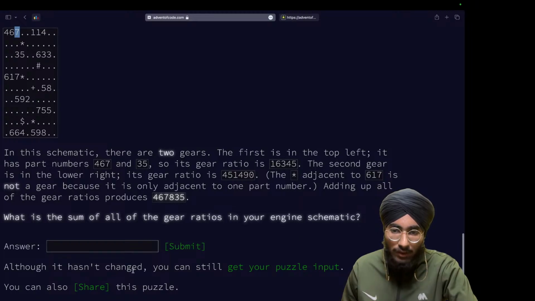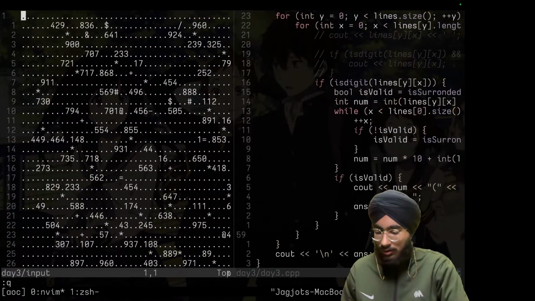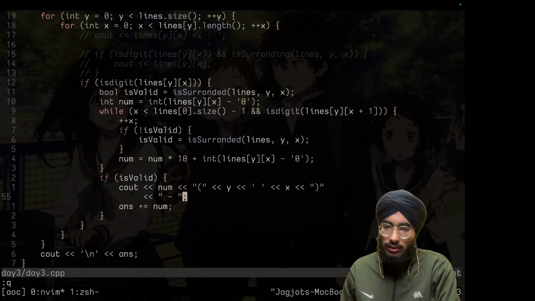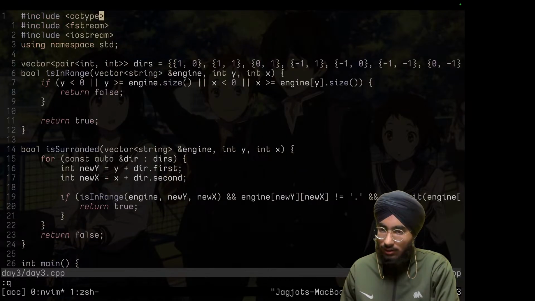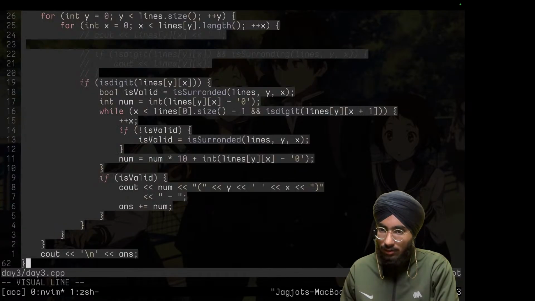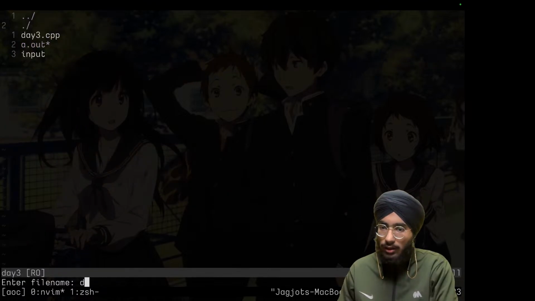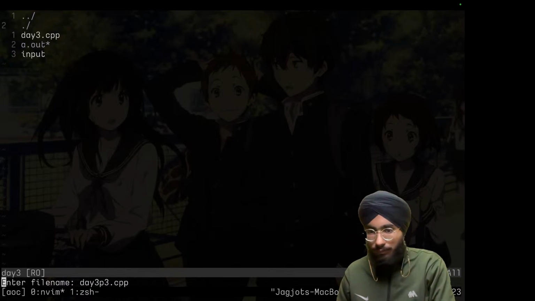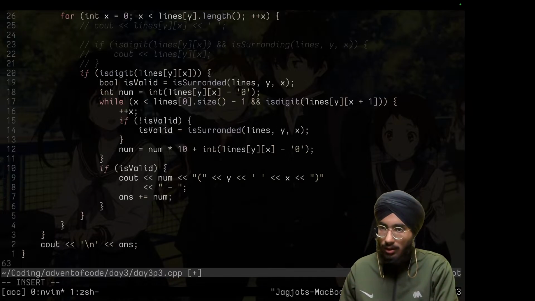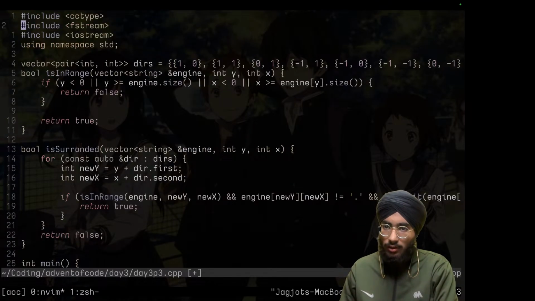Okay, it hasn't changed. Yeah, let's make day 3 p3 dot cpp. Is in range is perfectly fine.